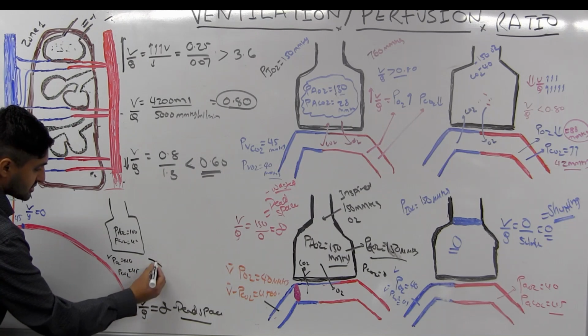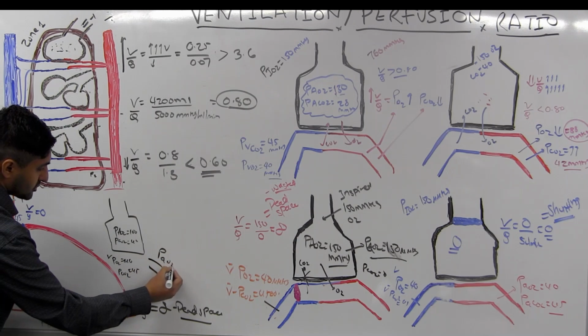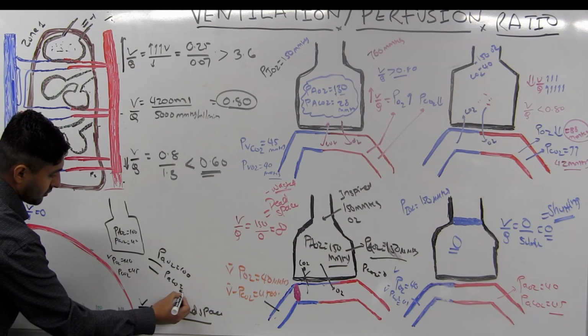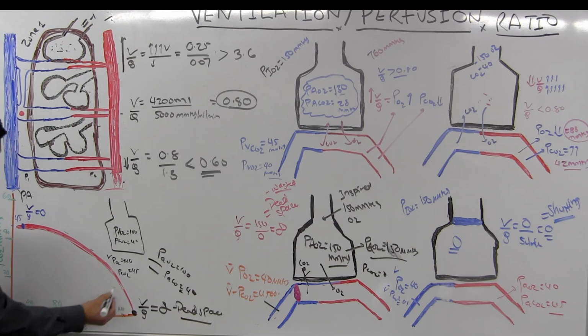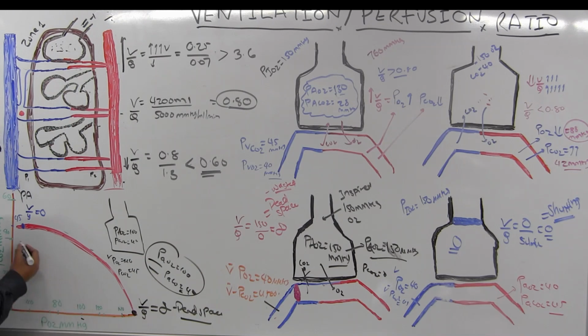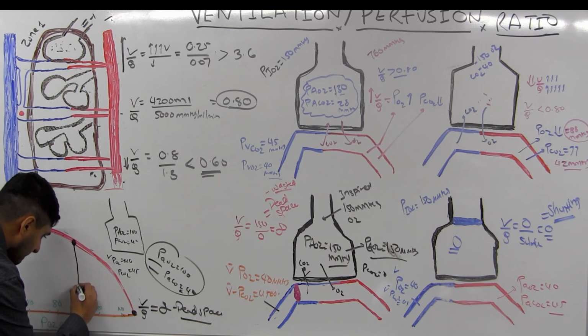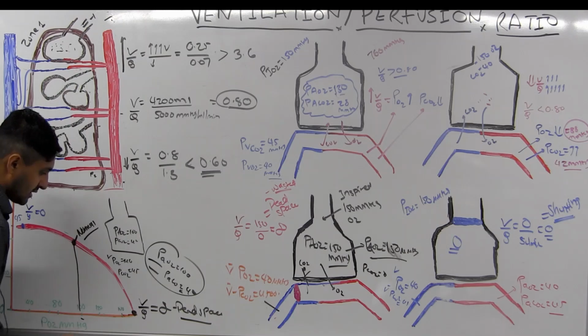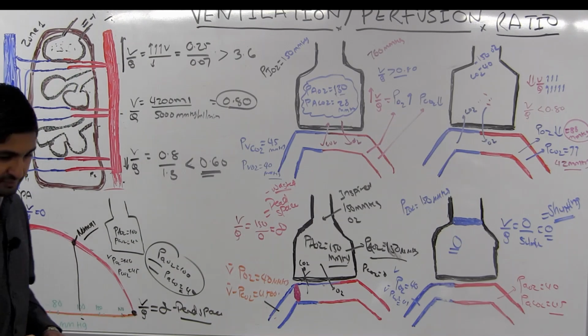And on the arterial side, the alveolar O2 should be 100 and PaCO2 should be 40. So this is what I should have. My oxygen level is here 100, and I should have a partial pressure of 40 right here. So this is going to be my normal. And this is my dead space right now.